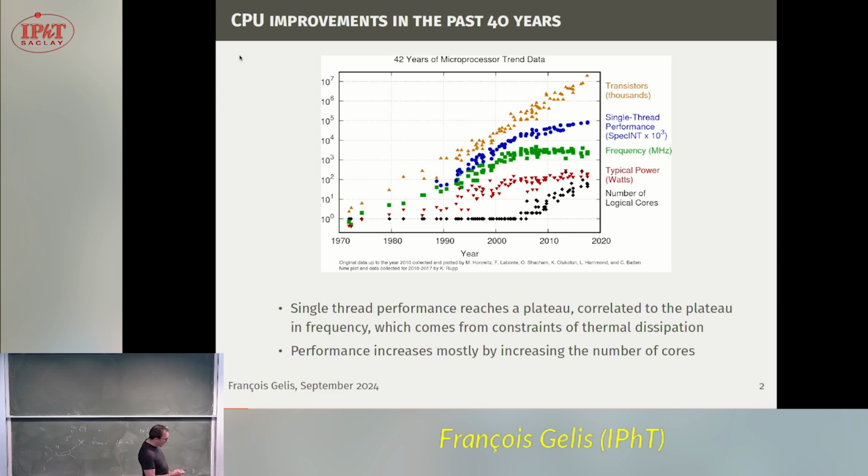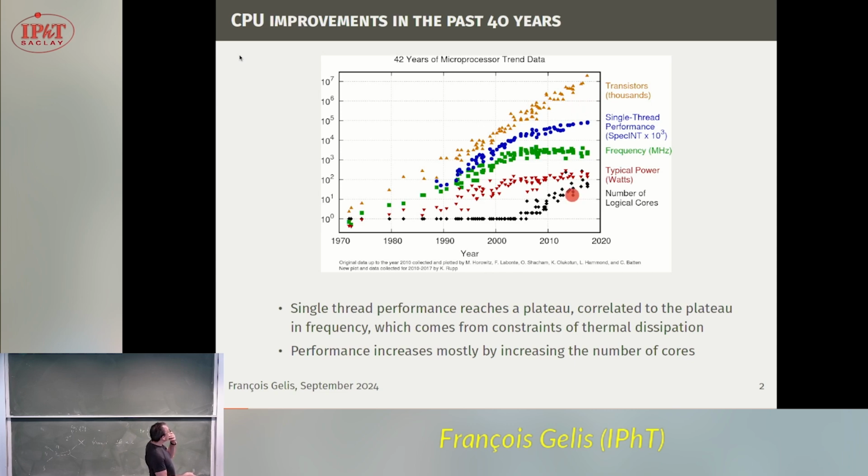This is a slide I took from Grégoire. It shows the evolution of CPUs, not GPUs, CPUs, over the last 50 years, roughly. Starting from the 1970s, and there are various quantitative measures of what's inside CPUs of that time.